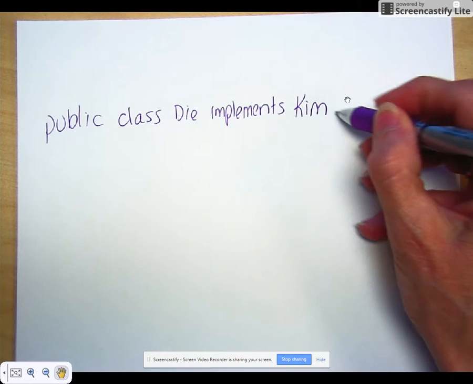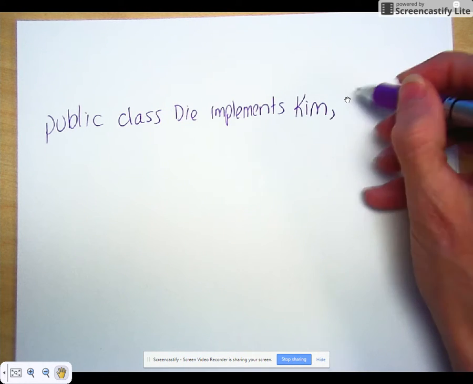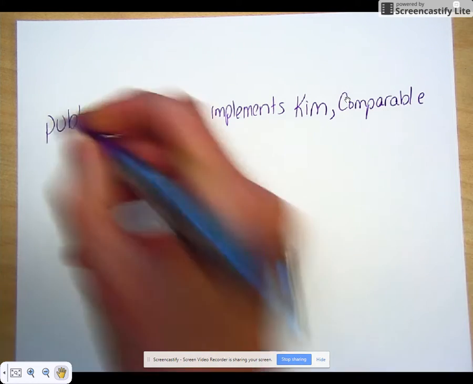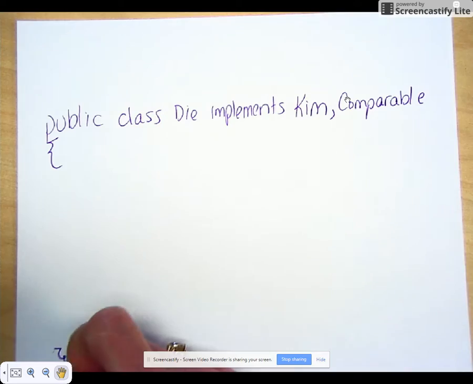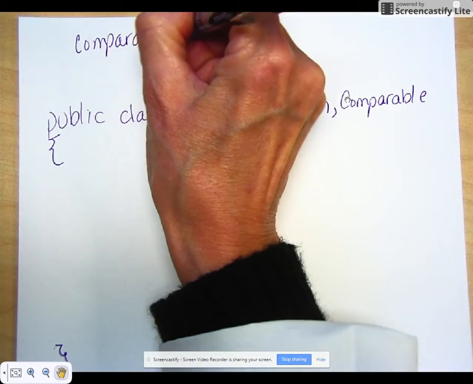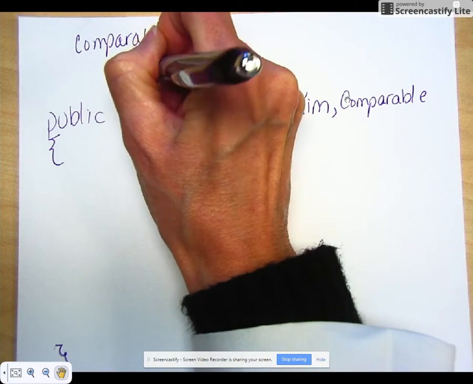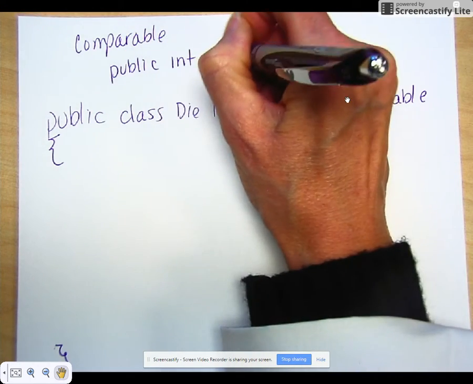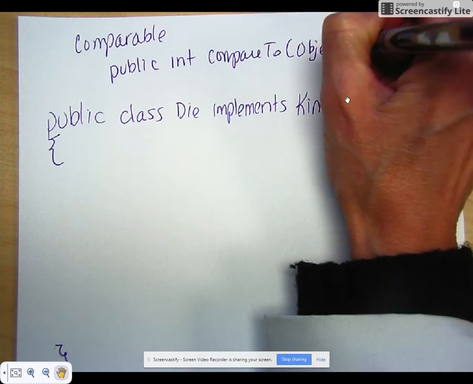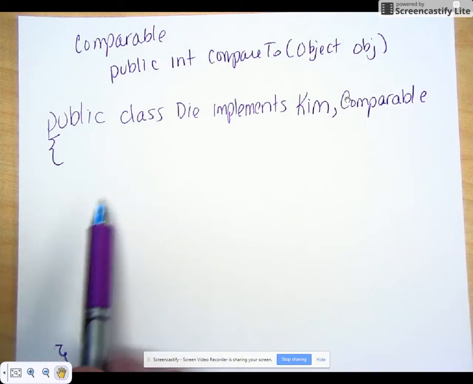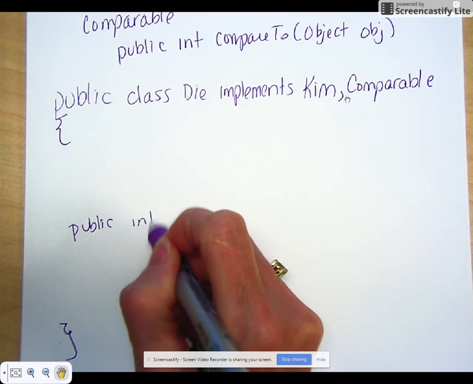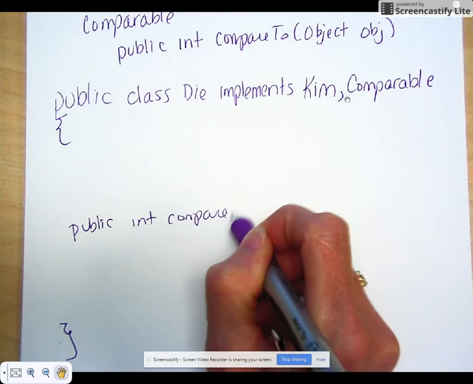So we need to change this header, and based on what we just learned, we'll put comma comparable. Comparable is the name of the interface. Since the comparable interface contains just one method with the method header public int compareTo(Object obj), that means inside the die class, I will now see that you've coded a method header that looks exactly the same.